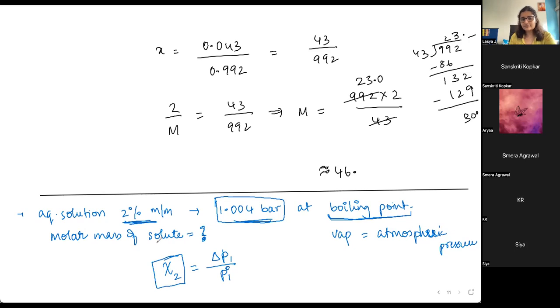You need the molar mass of the solute. So the concentration will be the same whether you measure it in mole fraction, mass by mass, or molarity, right? So equate the mole fraction that you got with this particular concentration. That's what we did here.